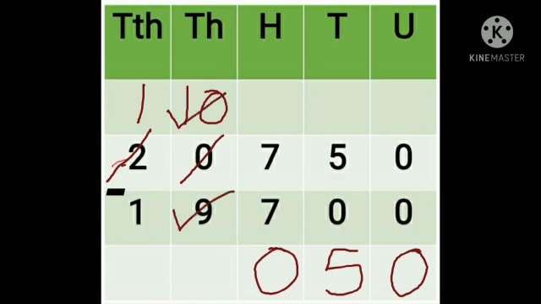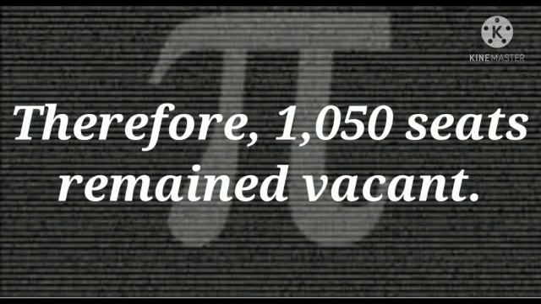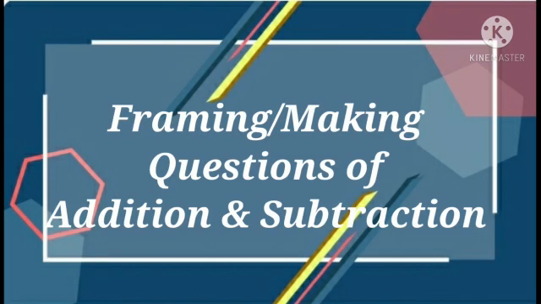Now 10 minus 9, we get 1 and 1 minus 1, we get 0. Therefore, 1050 seats remained vacant.